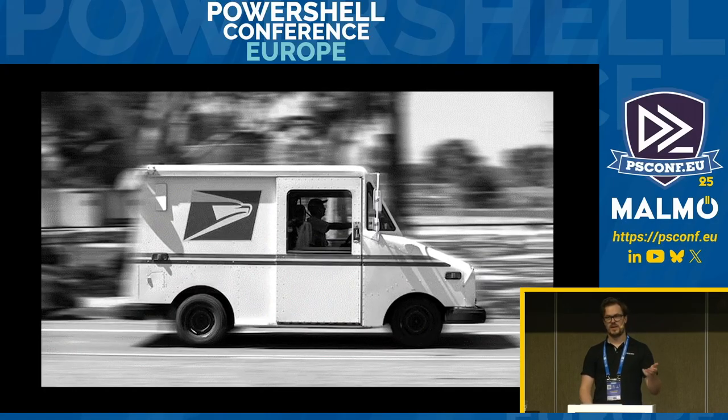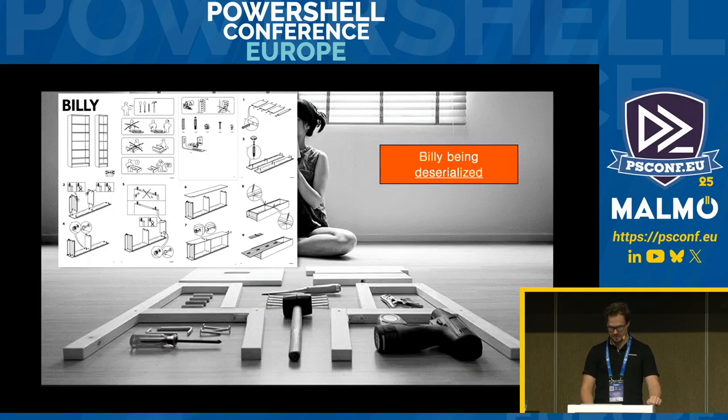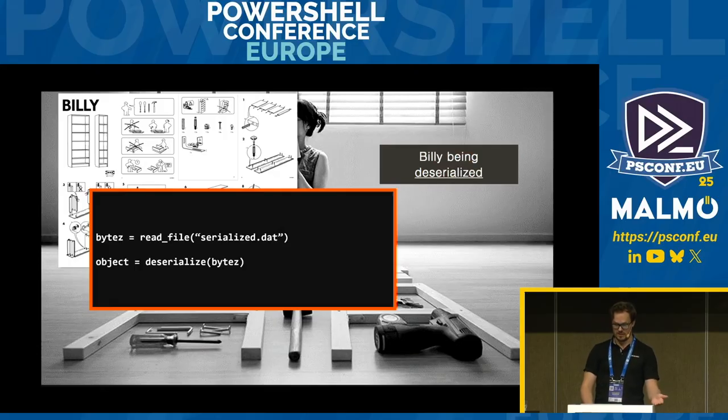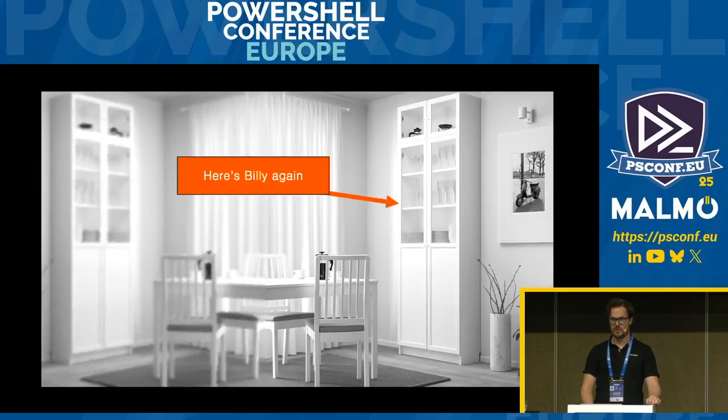But it can be some kind of format that we can save on disk or in a database or something like that. Then we have the deserialization of Billy, which is at the receiving side, which runs a deserialize function. And that one takes those bytes and then reconstructs the live object that was serialized to begin with. So here we have Billy again.